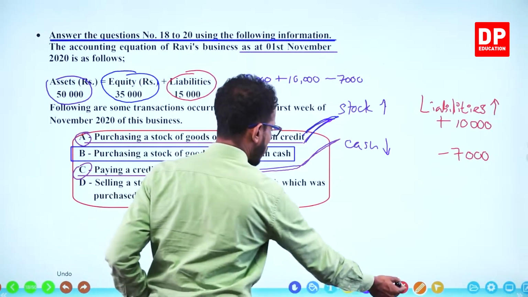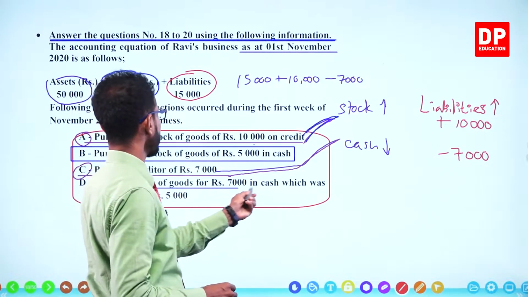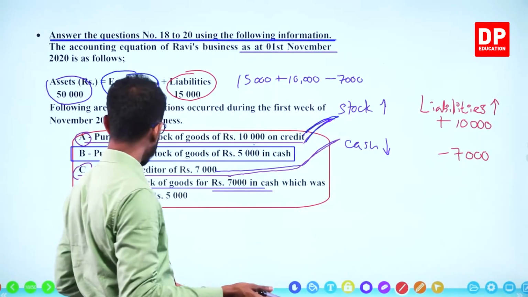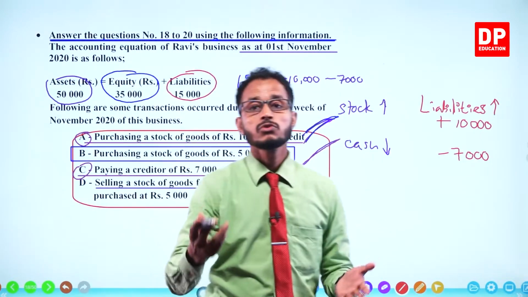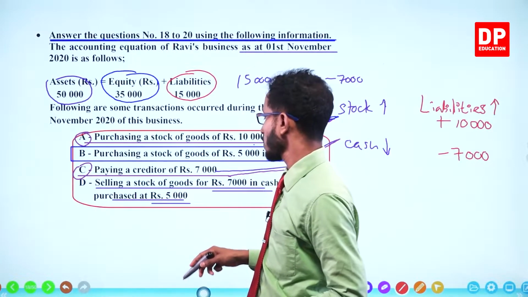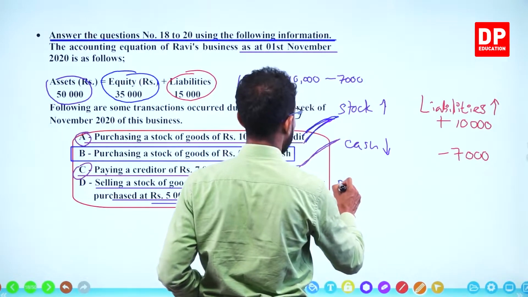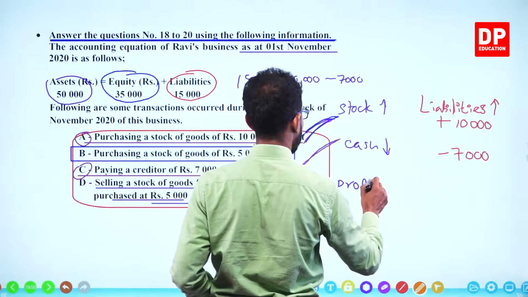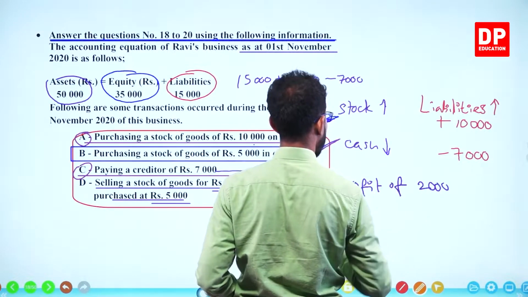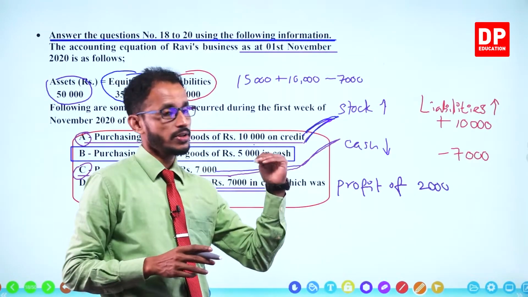If you sold 7,000 worth of goods, and the value of those goods was 5,000, 2,000 is the profit. It increases equity.